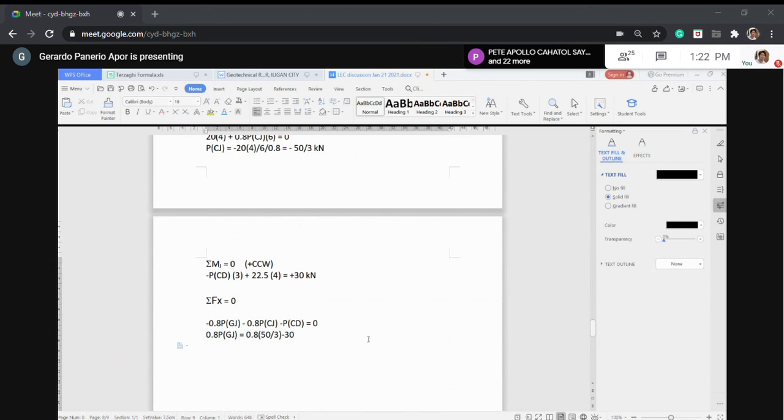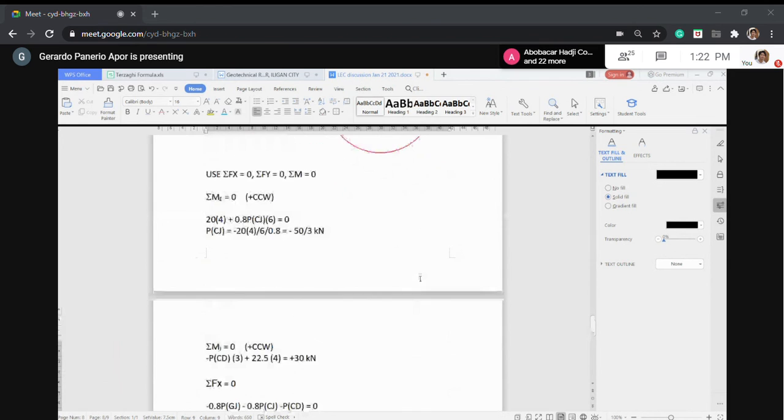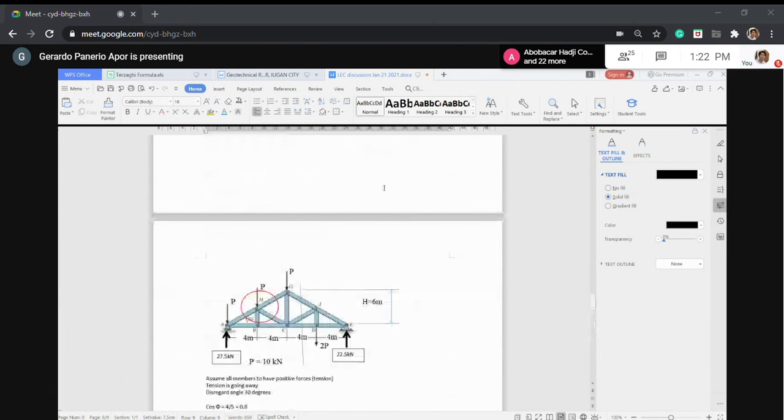PCG, or baliktad, you can rearrange it, no problem with that. PCG is 50 divided by 3 times 0.8, then you have minus 30, divided by 0.8. You have 20.833.